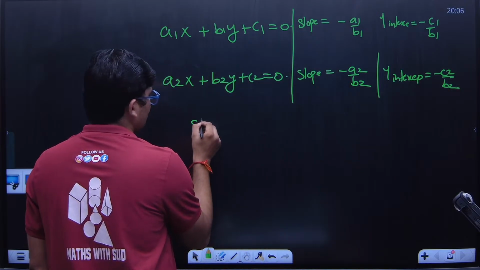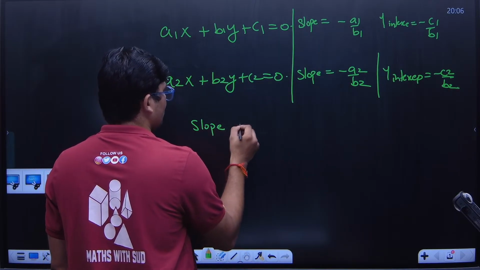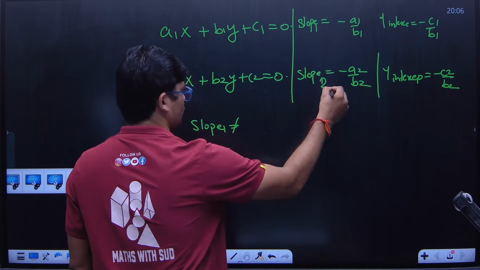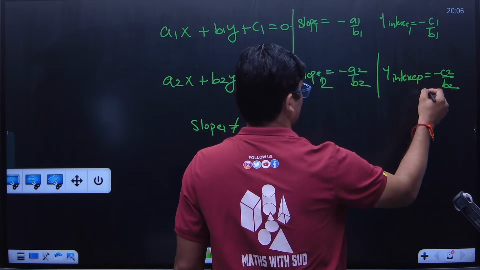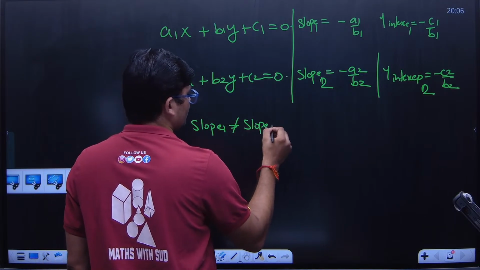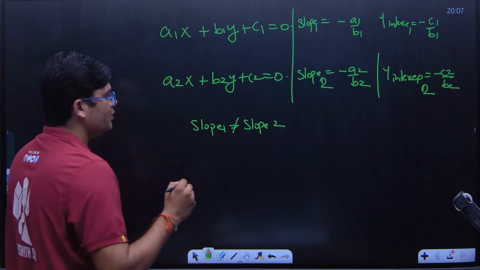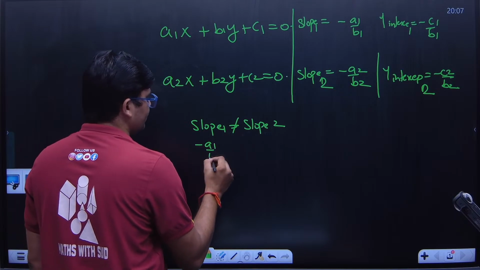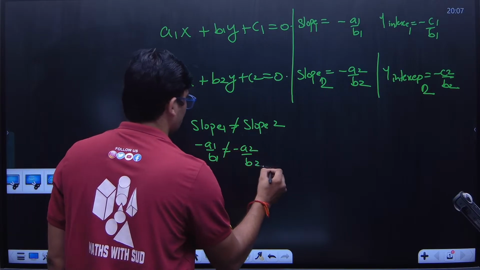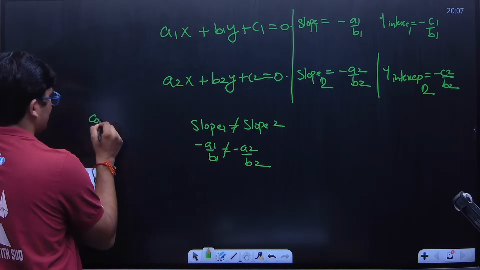Let us say this is slope 1, this is slope 2, and y-intercept 1, y-intercept 2. If slope 1 is not equal to slope 2, then minus a1 upon b1 is not equal to minus a2 upon b2, which is the condition for the straight lines to intersect.